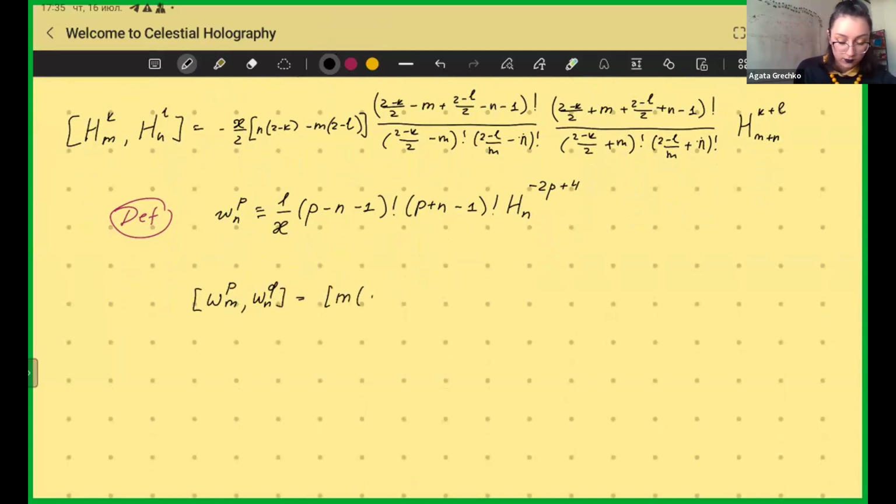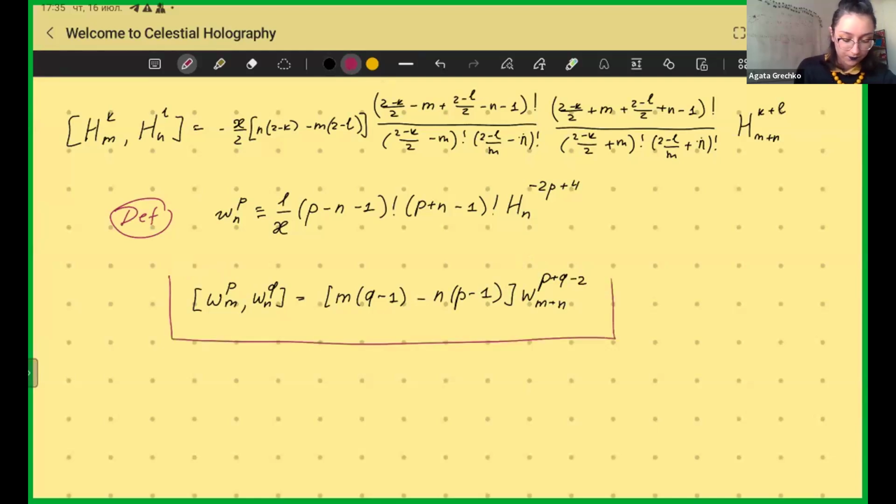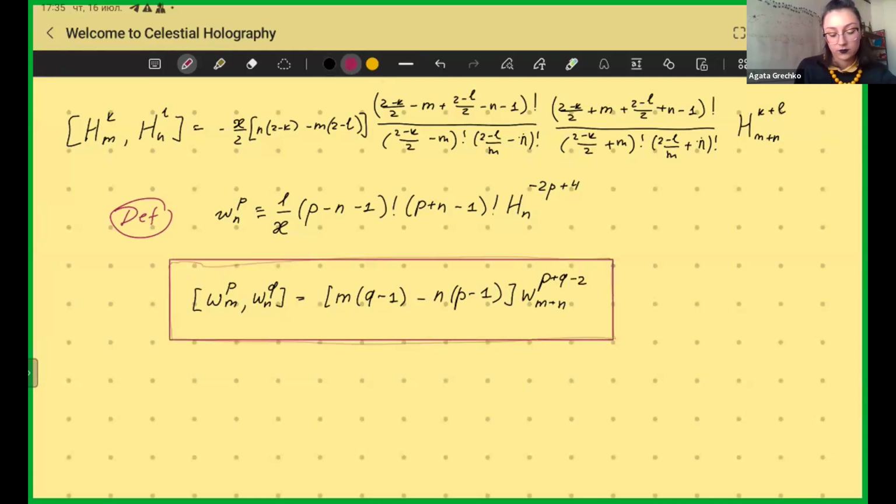And this is the expression for the commutator that we arrived at. W, or some letter between omega and W, p plus q minus 2. Okay, and this is the commutation relation that defines the W1 plus infinity algebra.